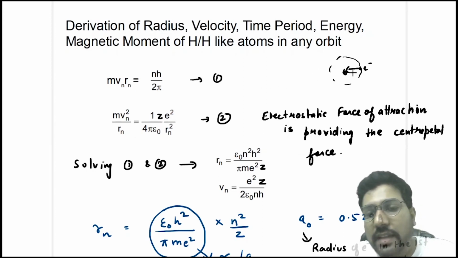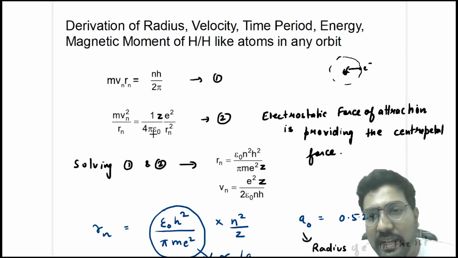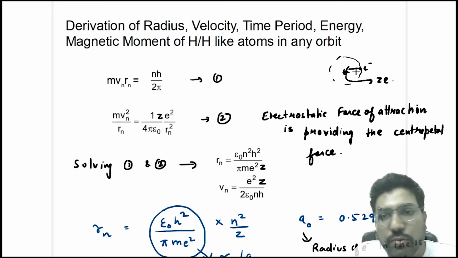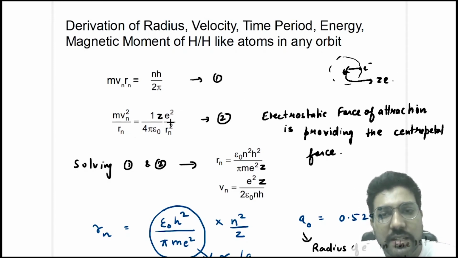And that electrostatic force is K, which can be written as 1 by 4 pi epsilon naught, Q1 Q2 divided by r squared. Now the charge of the nucleus is Ze, and the charge magnitude of the electron is e. So Q1 is Ze, Q2 is e, so I've written Ze square divided by Rn square. So this is the force, right?